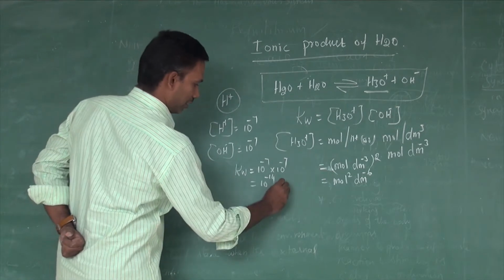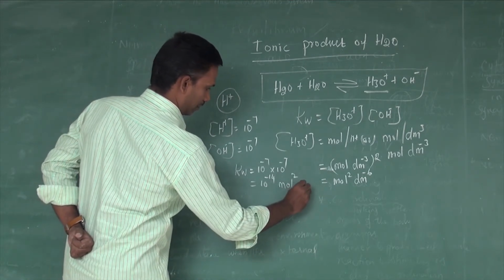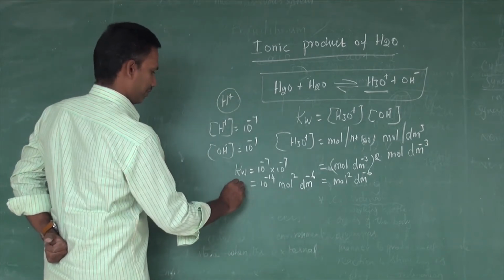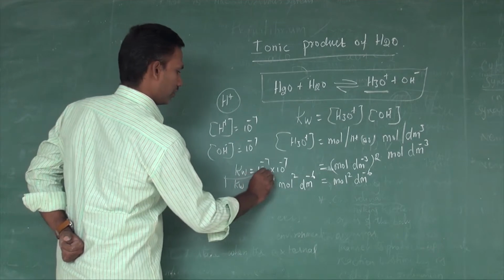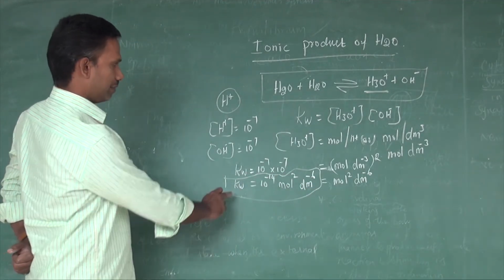Then you attach the unit mole power 2 and decimeter power minus 6. This is Kw. This value is also asked as a one word question.